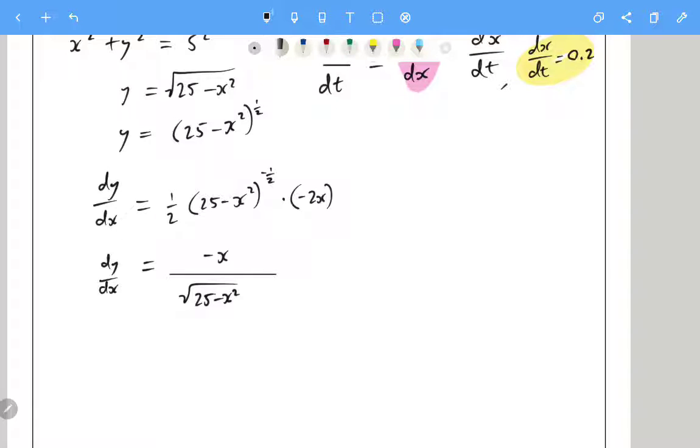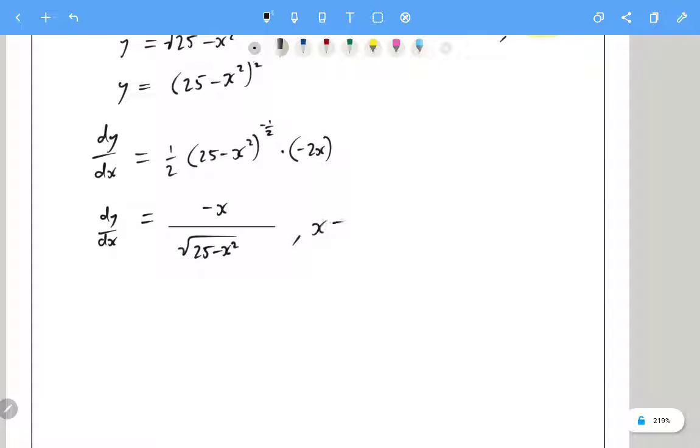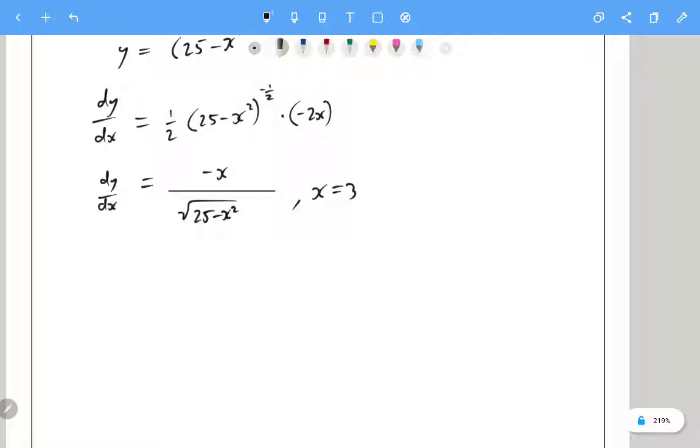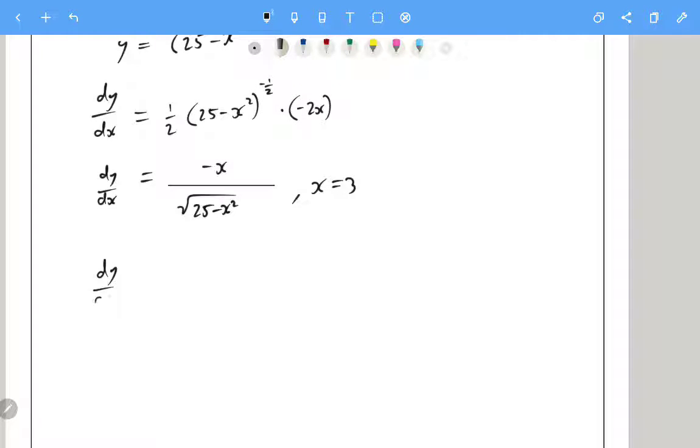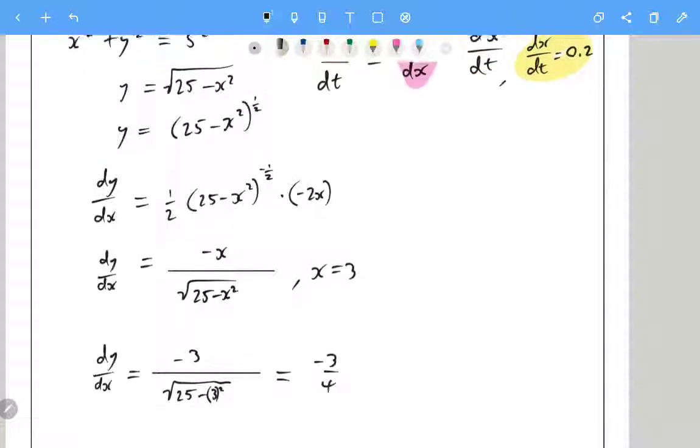I'm just cleaning this up a little bit, because the next step I'm going to do is substitute in when x is equal to 3. So when x is equal to 3, dy/dx is equal to negative 3 all over the square root of 25 minus 3 squared. 25 minus 3 squared is 16. Square root of 16 is 4. And I get negative 3 on 4. So dy/dx is negative 3 on 4.